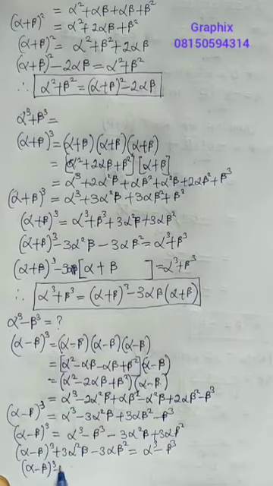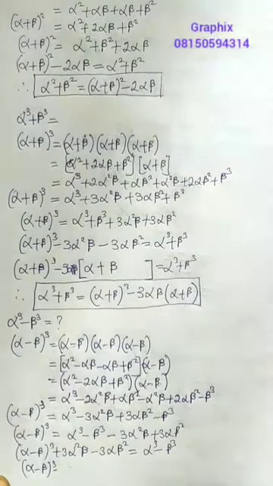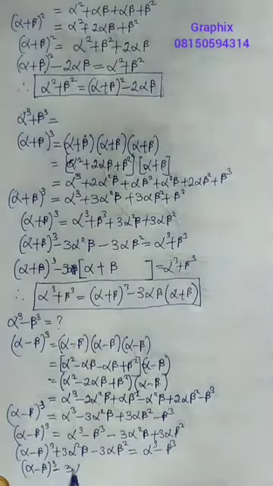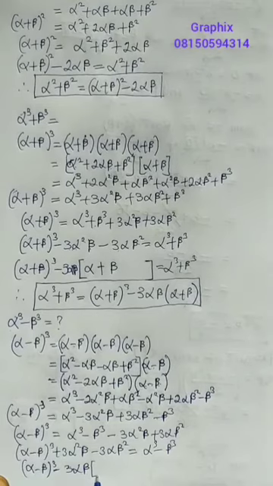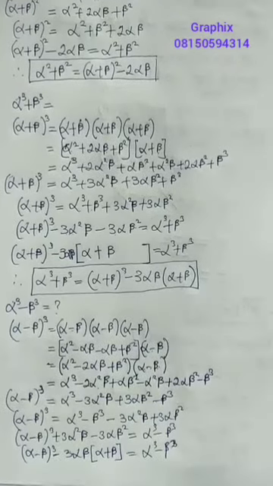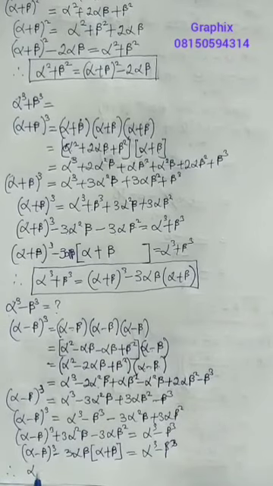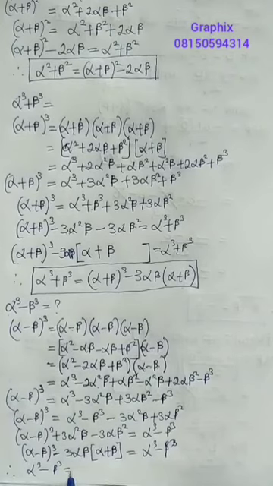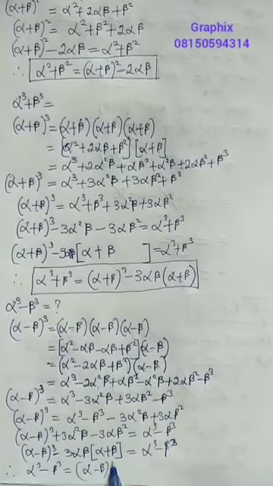If you bring the plus out, you'll be having minus 3 alpha beta into bracket alpha plus beta, right? Equal to alpha cube minus beta cube. Therefore, my alpha cube minus beta cube will be equal to alpha minus beta all cube minus 3 alpha beta into bracket alpha plus beta. So that's what it gives us. This is for this.